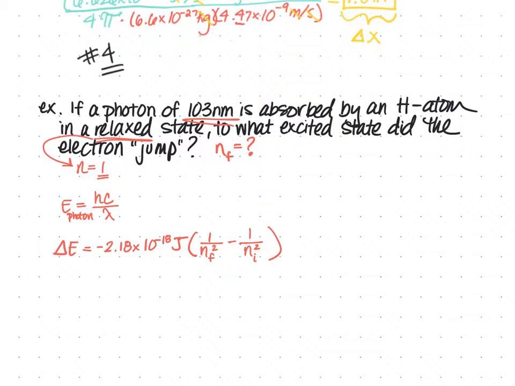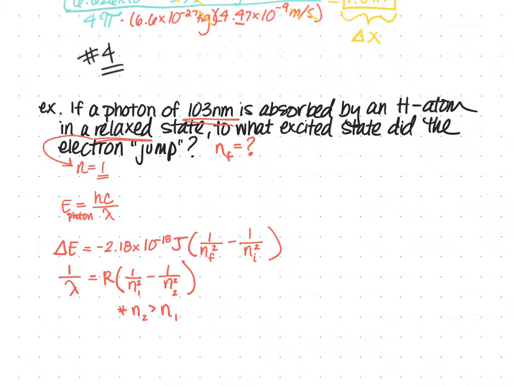I also know the Rydberg equation, which says that 1 over wavelength is equal to the Rydberg constant R times 1 over n1 squared minus 1 over n2 squared. And in this case, n2 is greater than n1.